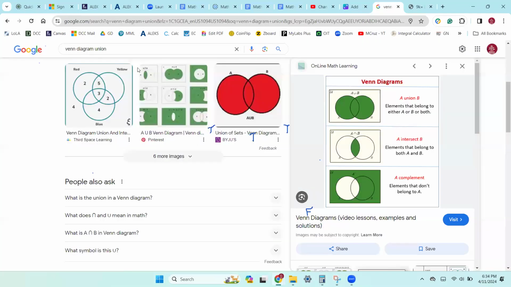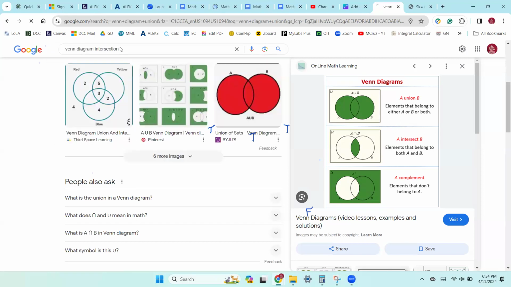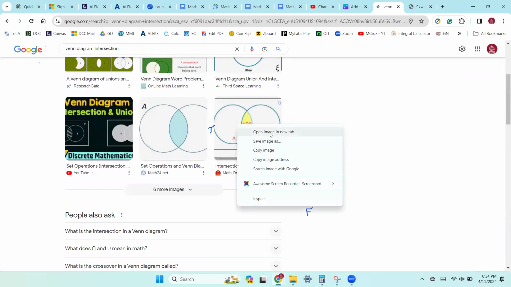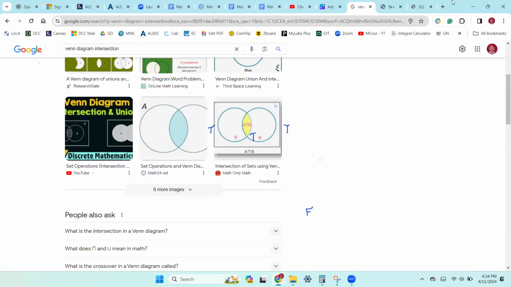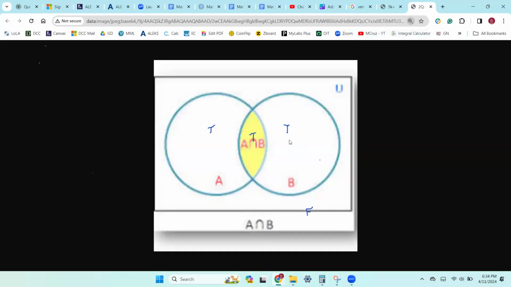Now, intersection. All right, so on this, it's only true when it's in both.